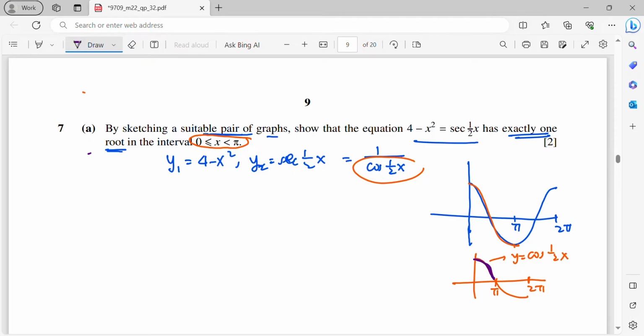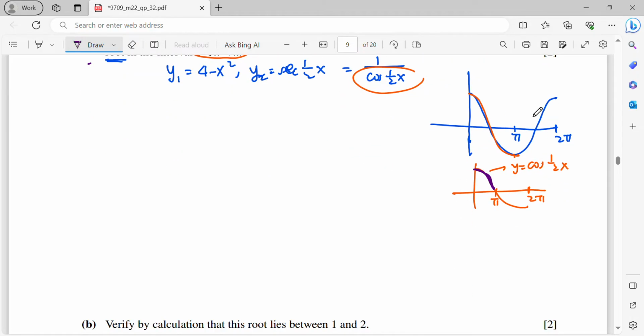Okay? But then now I need to sketch 1 over cos. Here is pi, here is 1, because here is 1. This is for cos. Right? So now, when I sketch, 1 over 1 is still 1. But then when you come to this point, it is 0. So 1 over 0 is error. That means it will be infinity.